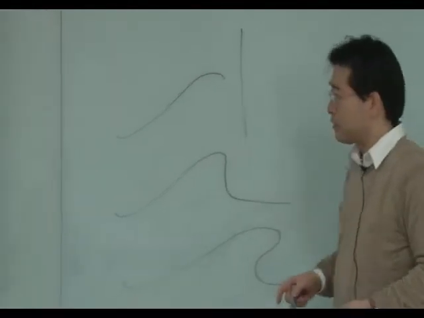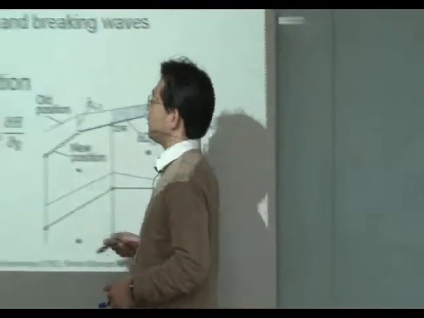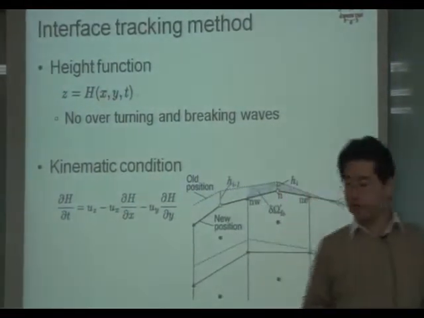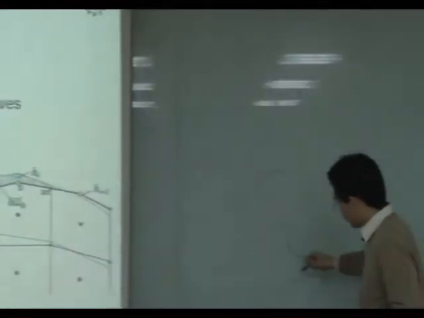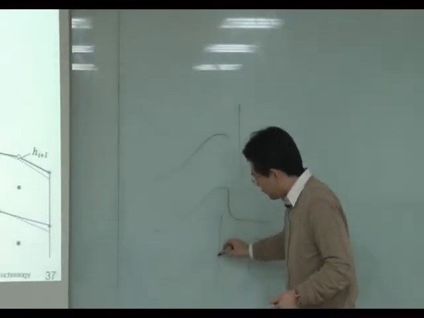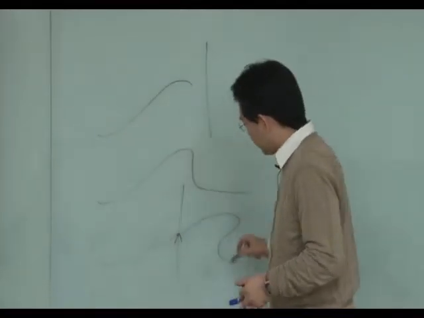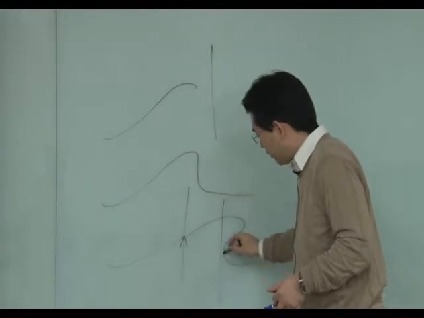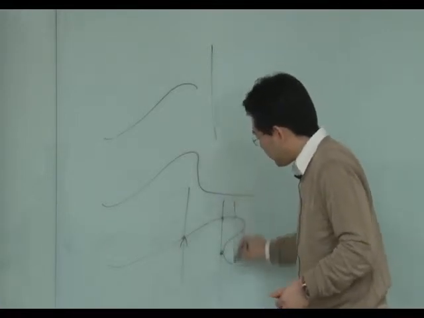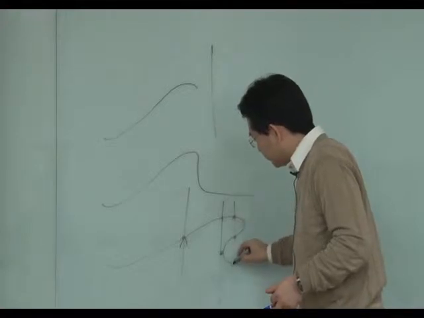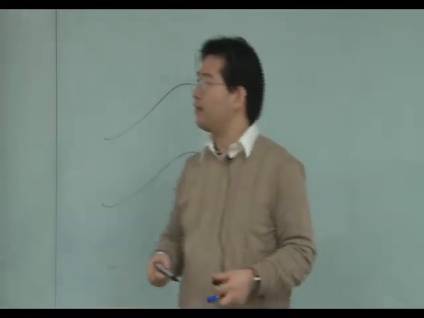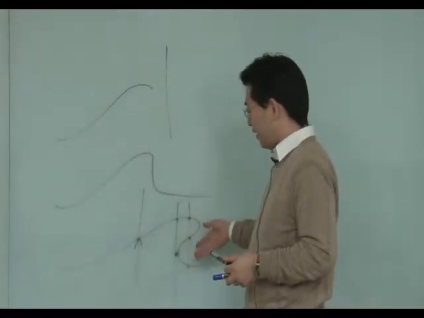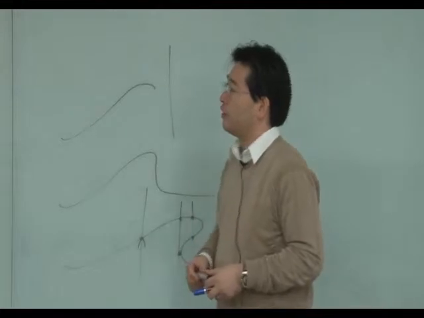When overturning happens, you cannot define a single-valued wave height function, because at this point wave height is here, but at this point wave height is here and here. So the wave height function should have 3 values in this configuration.